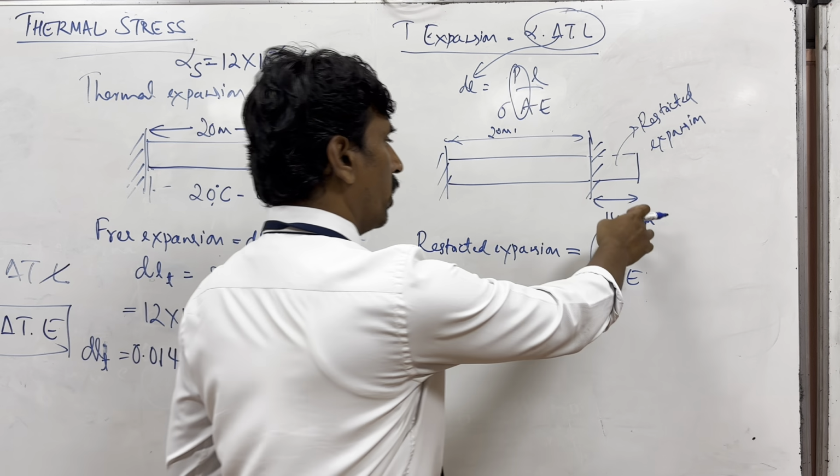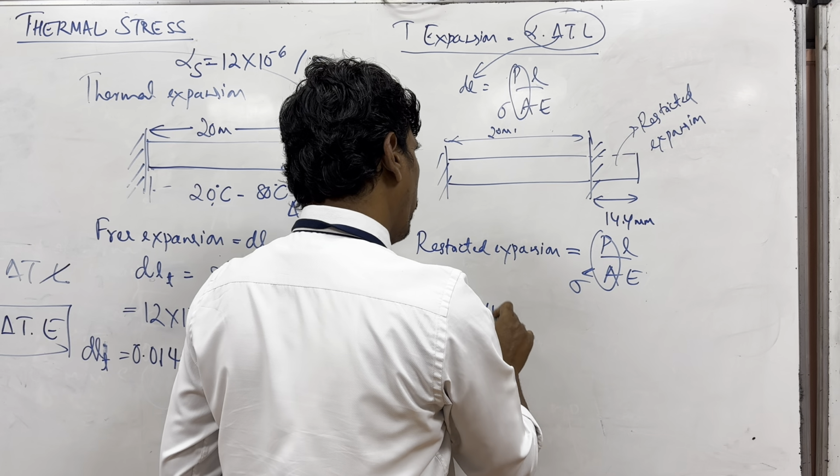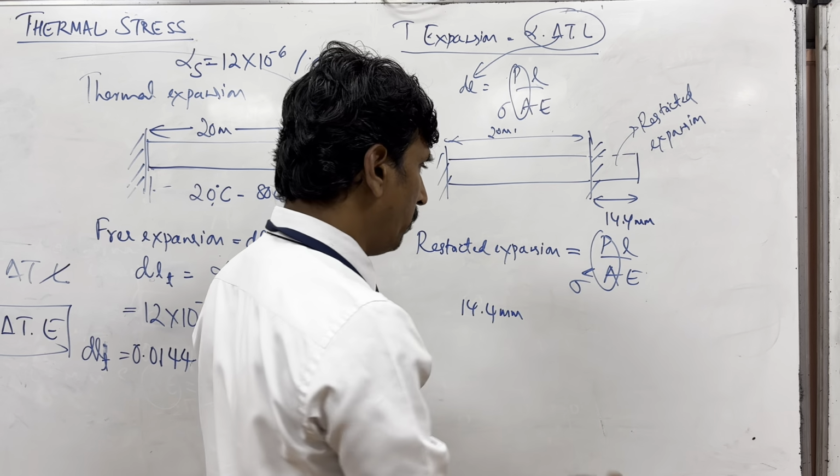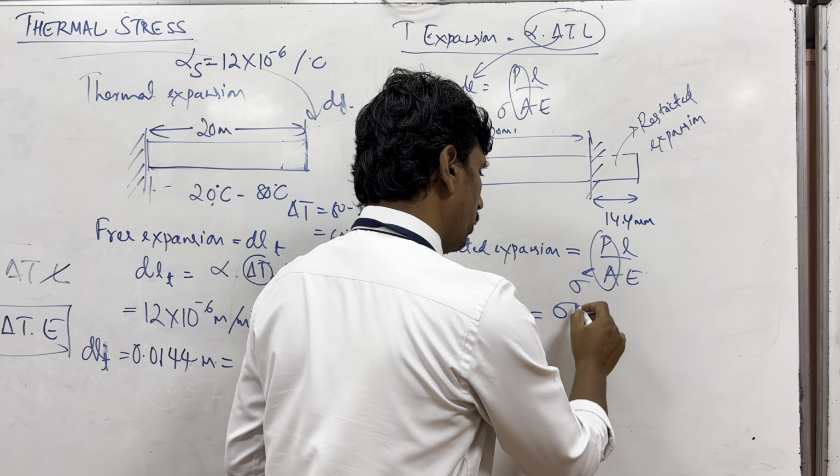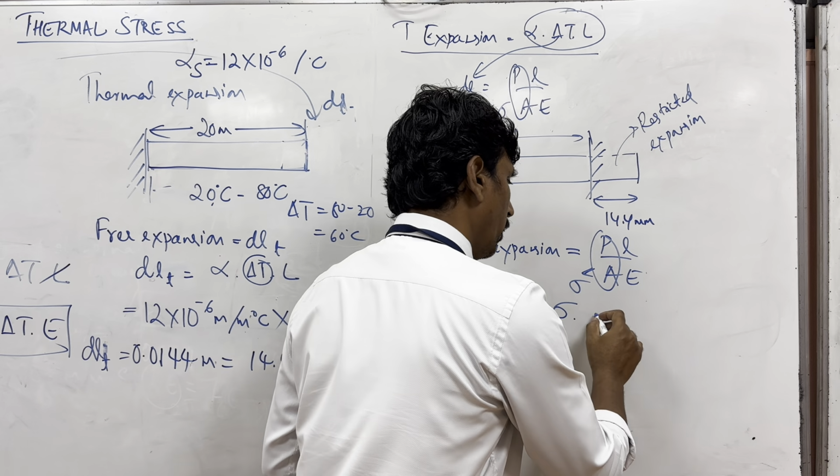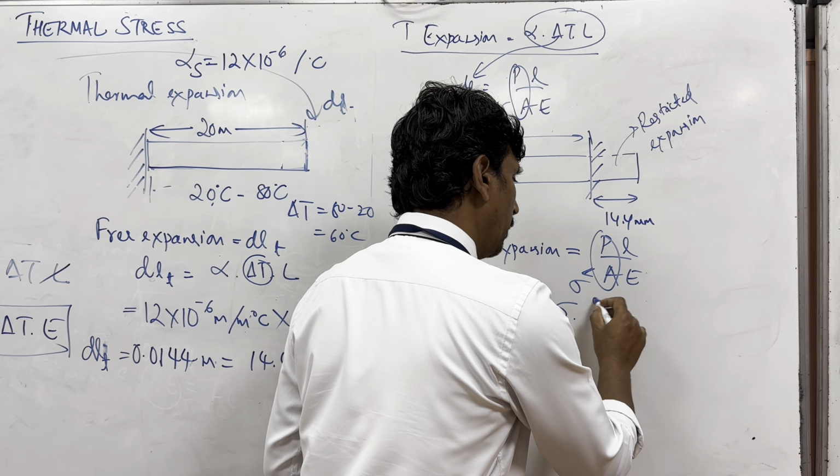So the restricted expansion, 14.4 mm, is equal to sigma into L by E. So how much is L?